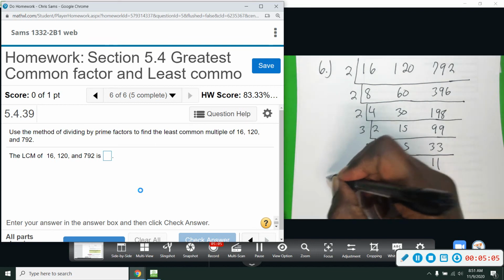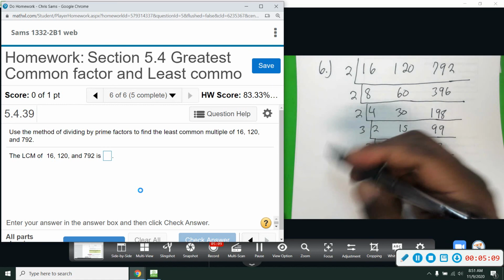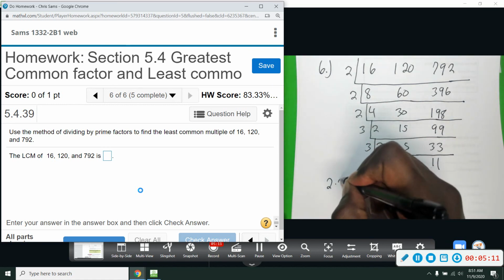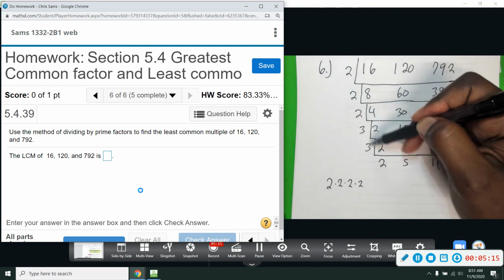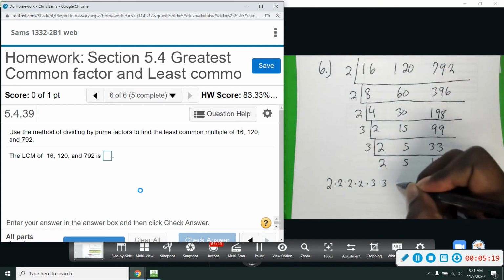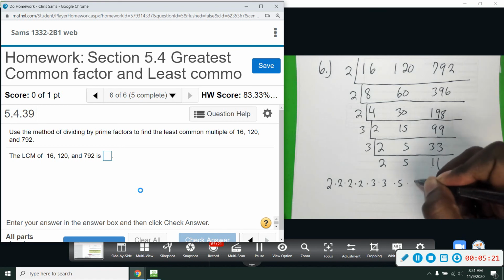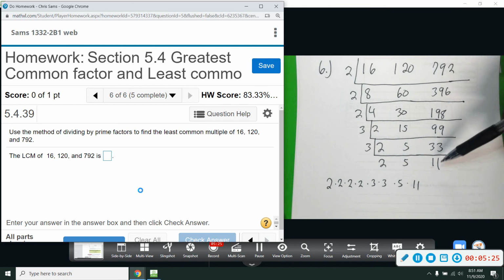So we have 4 2s, and then we have 2 3s, and then a 5, and then 11. So it's 8 terms.